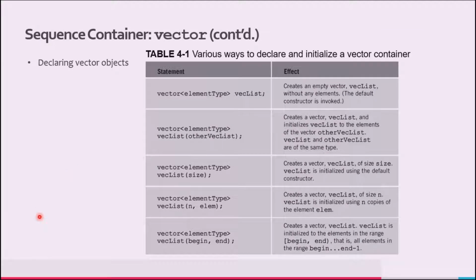Now, declaring vector objects. The class vector contains several constructors, including the default constructor. Therefore, a vector container can be declared and initialized in several ways. This table here, Table 4.1, describes how a vector container for a specific type can be declared and initialized.